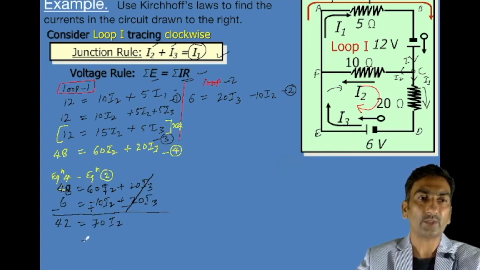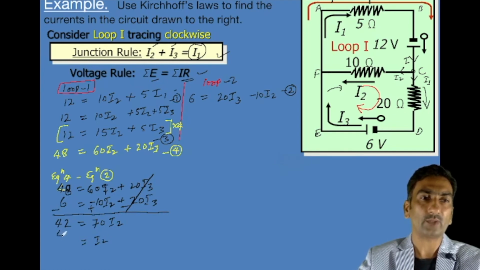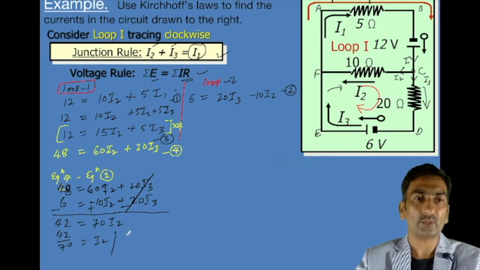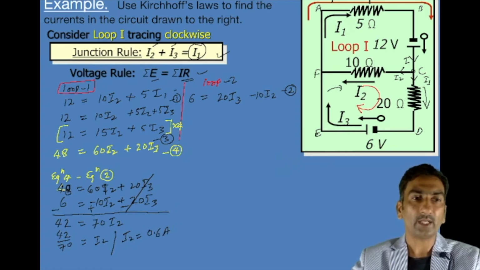So from here you can calculate I2. I2 becomes 42 divided by 70, and hopefully if you do this calculation, I2 would be equals to 0.6 ampere.